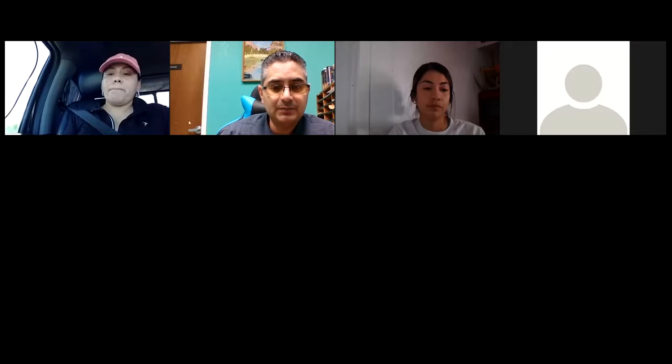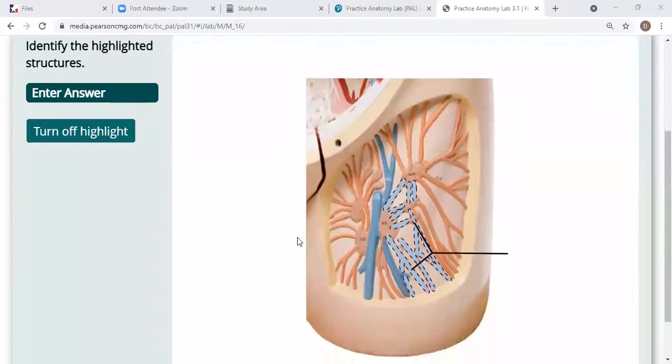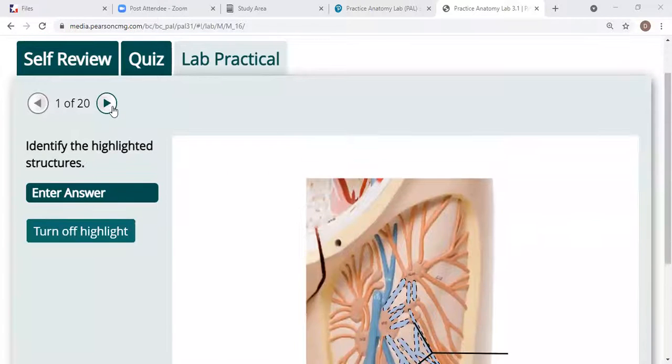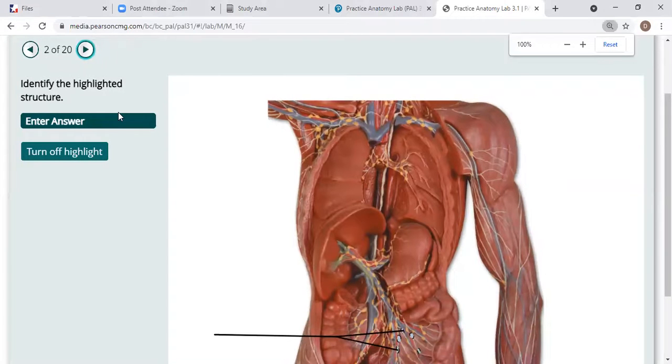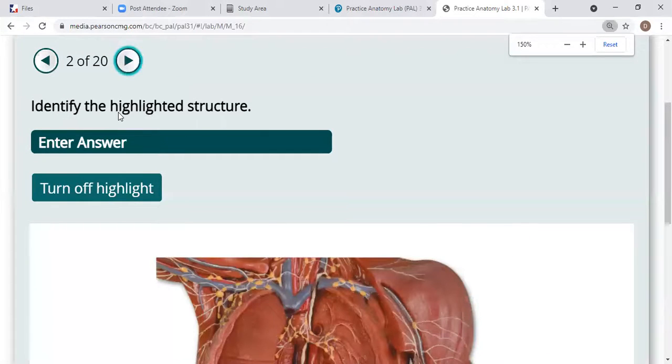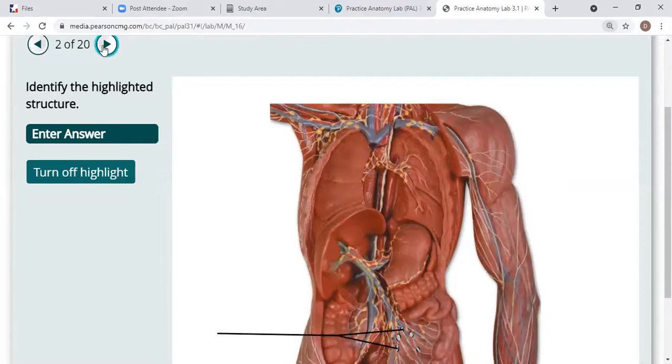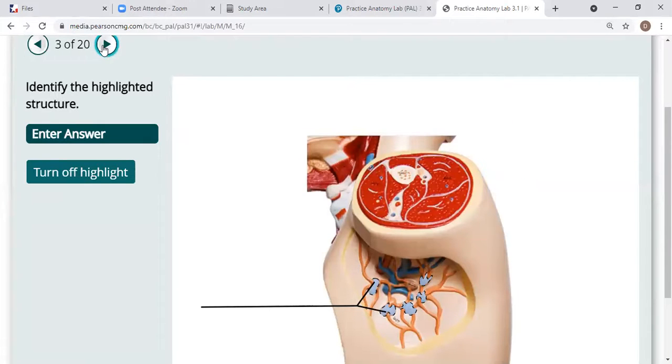Sorry, I'll go back. I'm in the lab practical. Let's see if their lab practical mimics some of the stuff that we just saw. Let's go in there. All right, we saw that. Yep. Sorry, let me try to maybe minimize so we can get that in there for you guys. It's kind of hard.